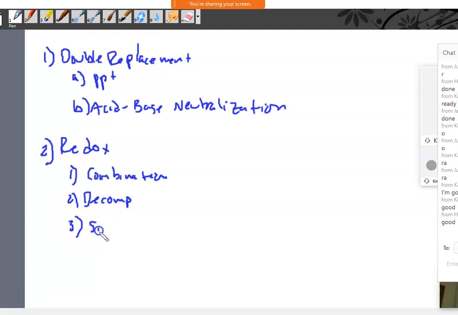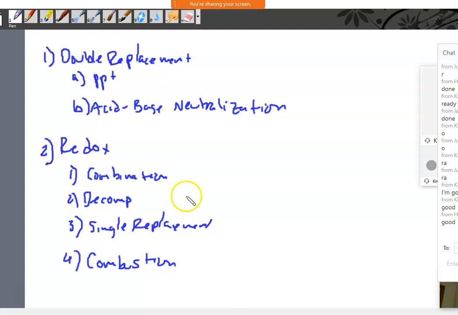There is a single replacement, which we talked about yesterday, how batteries work. And then finally, the fourth one is a combustion reaction. And we talked about how you determine what's being oxidized, what's being reduced, what the oxidizing agent is, and what the reducing agent is.